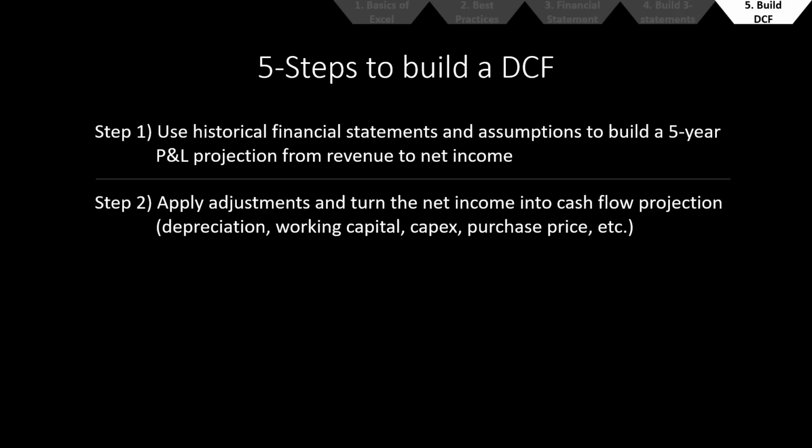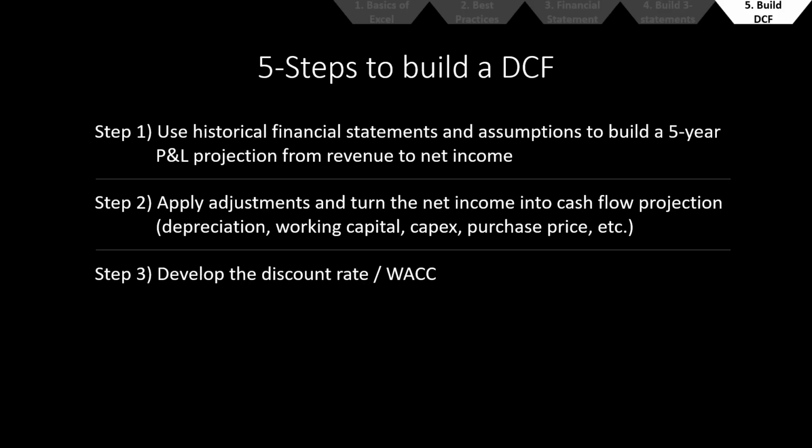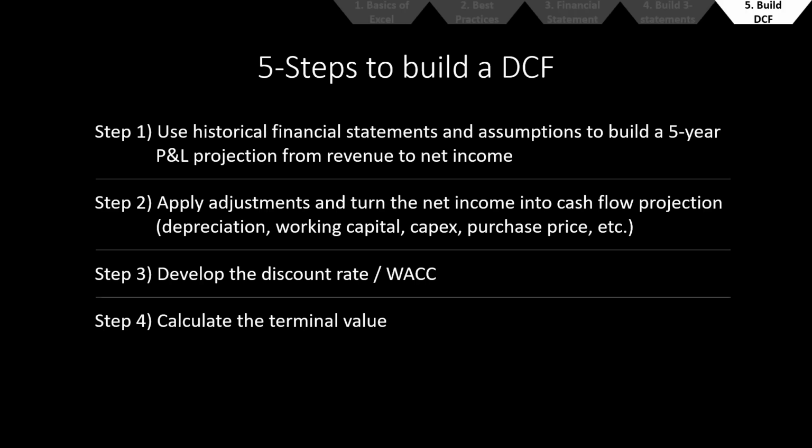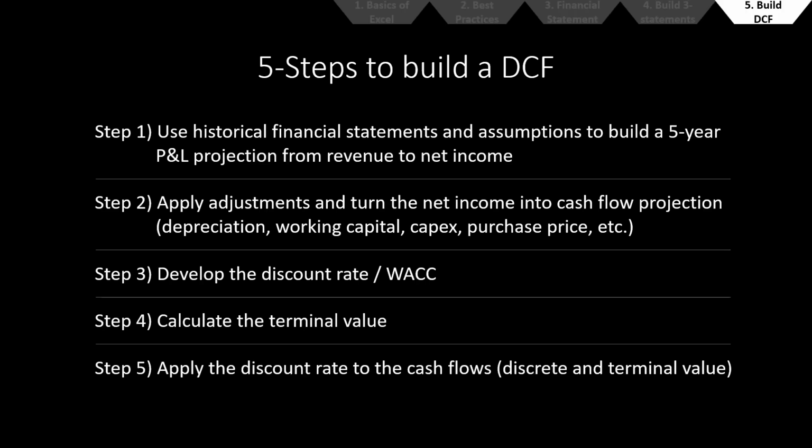Step 2 is apply adjustments like depreciation, working capital, CapEx, purchase price, etc. to turn the 5-year net income projection to a 5-year cash flow projection. Step 3 is to develop the WACC or the discount rate. Step 4 is calculate the terminal value. Step 5 is apply the discount rate to the discrete cash flows and the terminal value and add them up to get you the present value of the company.